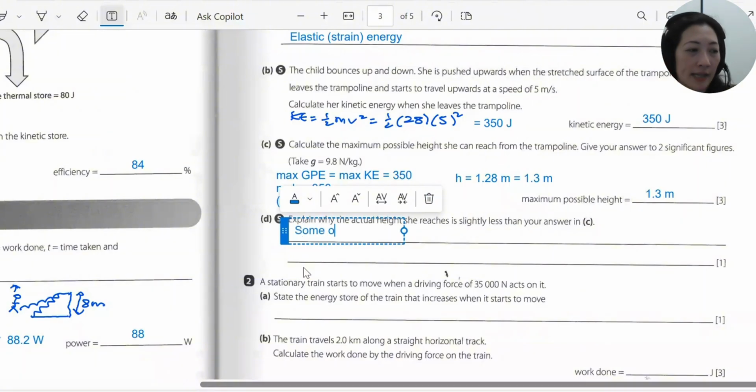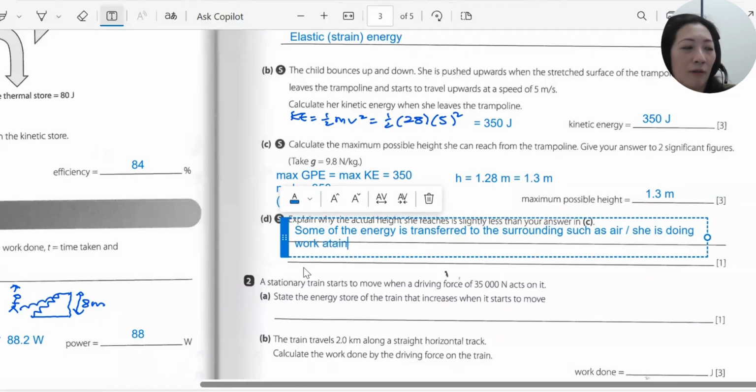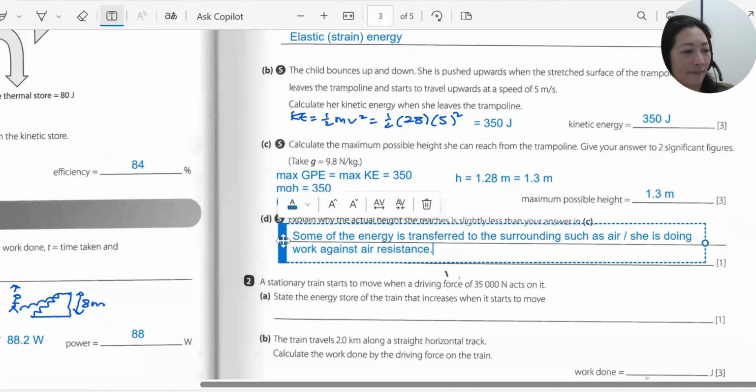So what you can say is that some of the energy is transferred to the surroundings, such as air. You can even say she is doing work against air resistance.